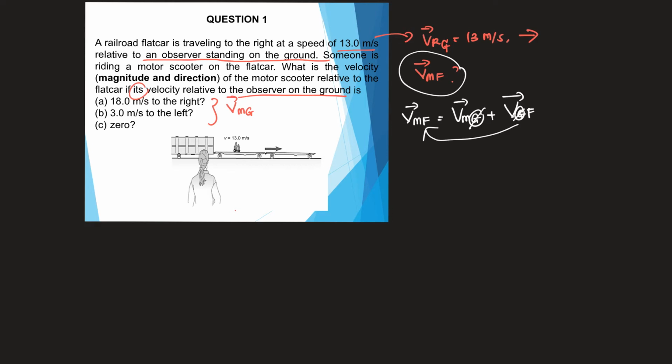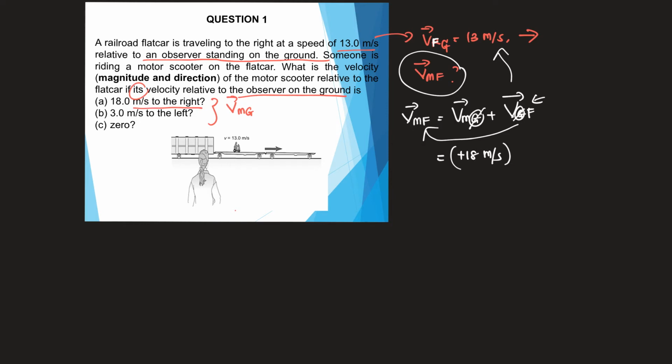So the velocity of the motor relative to the ground for the first one is 18 meter per second to the right, so you put positive 18 meter per second. And then the velocity of the ground relative to the flat car. However, the question states the velocity of the flat car relative to the ground is 13 meter per second.